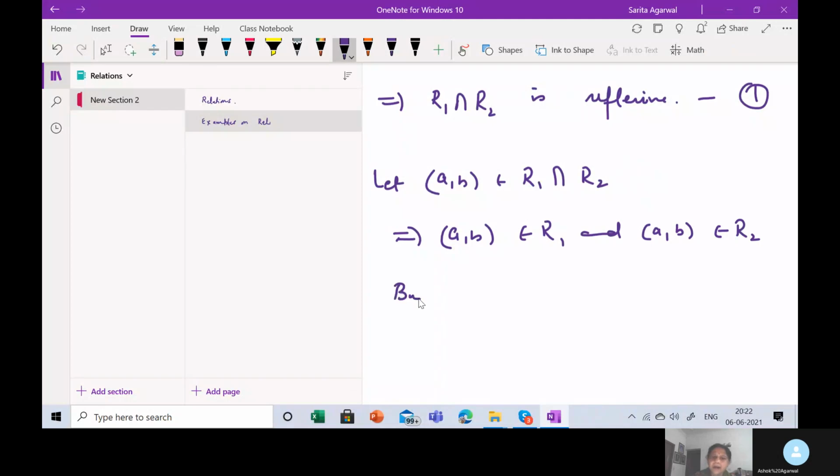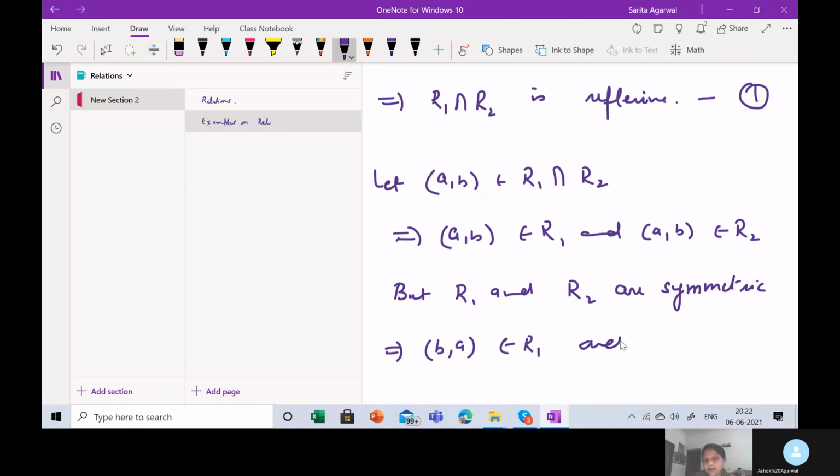But R1 and R2 are symmetric, and this gives us that (b, a) belongs to R1 and (b, a) belongs to R2. That means (b, a) belongs to R1 intersection R2.